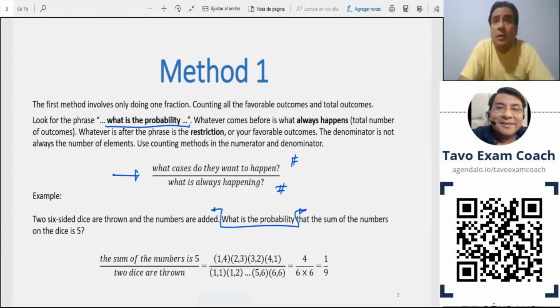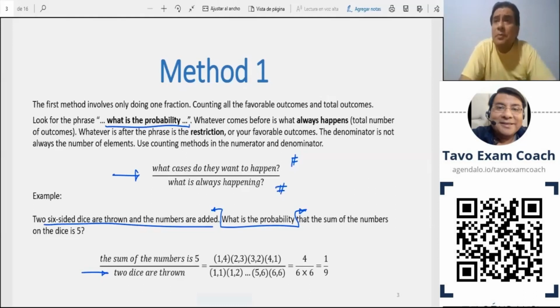What comes before refers to what always happens. So this is the criteria to count the number of ways in which the event of the throwing of two dice can happen. So here we indicate this in the denominator. We're counting the manners in which two dice can be thrown together.